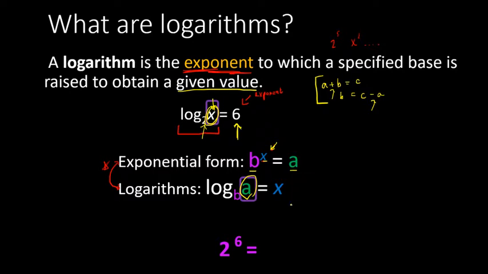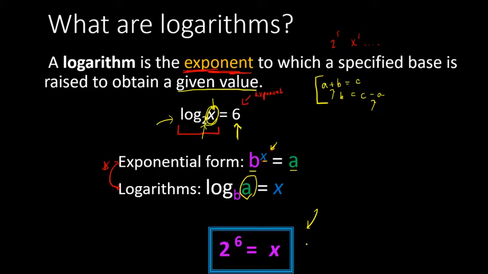So if I rewrite, this was my original expression, right, log base 2 of x equals 6. And that doesn't really mean anything to us, right? It's not clear what this expression is trying to ask us to do. By simply rearranging it into exponential form, we get this, 2 to the x equals 6.